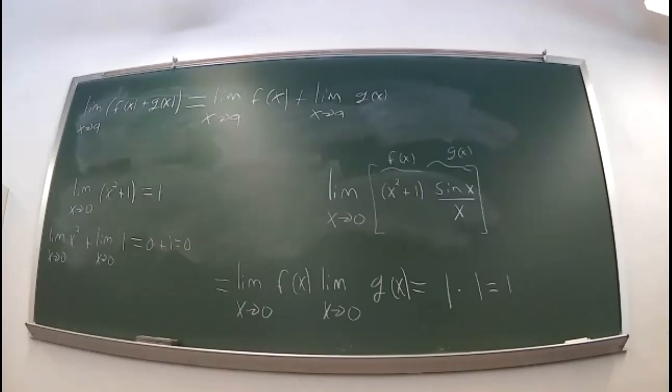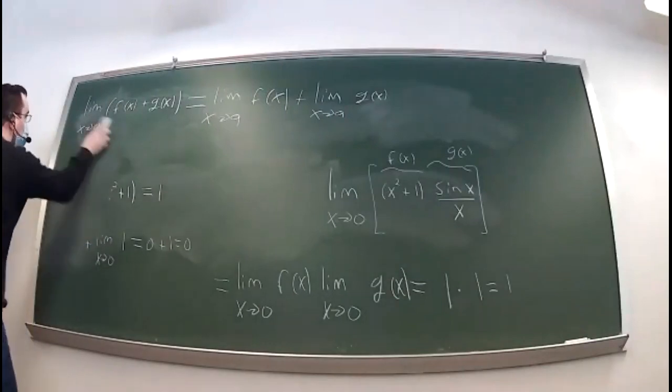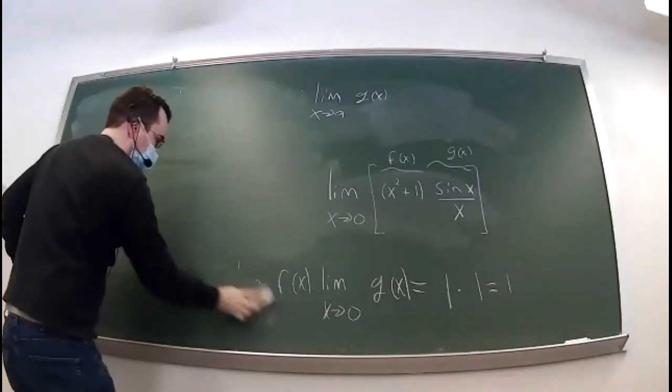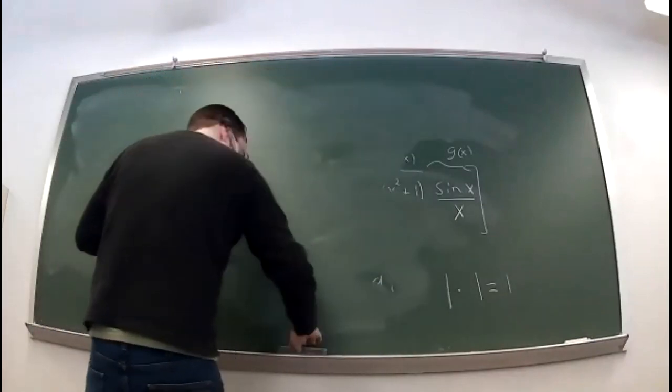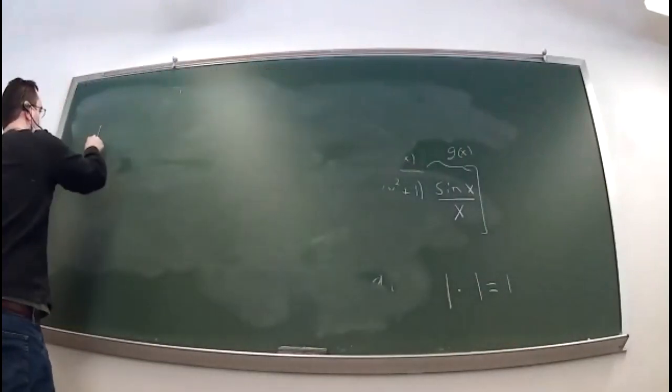And there's a limit law for quotients, which I'll go ahead and write down, but you don't really need me to just be writing down all the stuff that's already in the book. I think you really need me to be working through exercises, so I won't spend too much time on it.